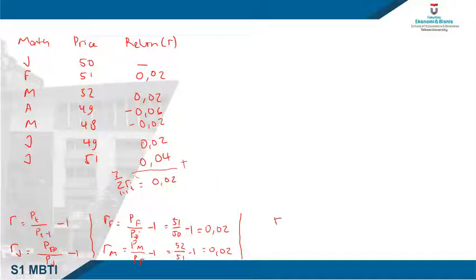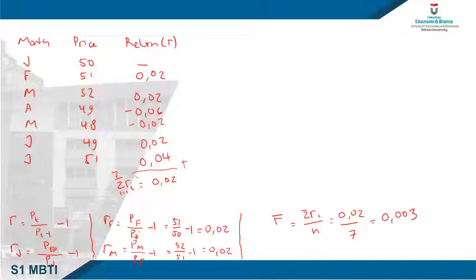Okay, so the average return for the whole 7 months is sigma return Ri divided by n. So 0.02 divided by 7 is 0.003.